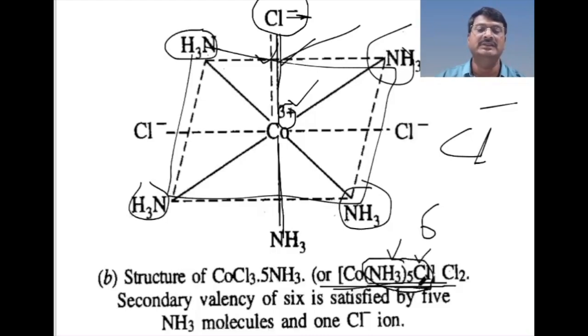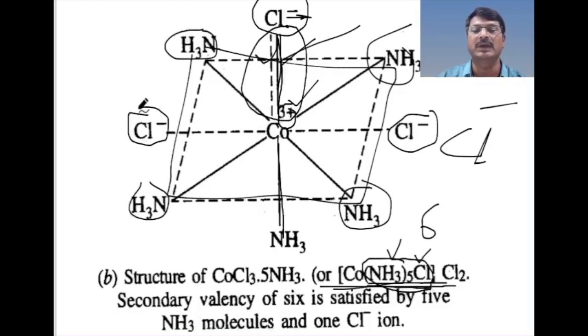If any ion is satisfying both primary and secondary valency, that will be written using a thick line and dotted line. Because it is satisfying the two valencies, you have to write a thick line and dotted line. This Cl is satisfying the primary valency as well as secondary valency, and the remaining two chlorines only satisfy primary valency. That's why I am writing those as a normal dotted line. So this is the structure of Co(NH3)5Cl Cl2.